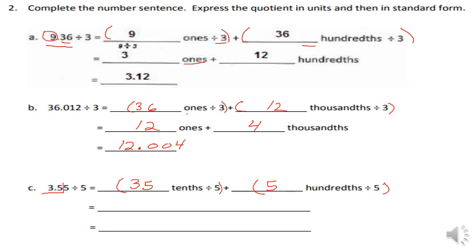Because we know 35 tenths divided by 5 is going to be 7 tenths, plus 5 hundredths divided by 5 is going to be 1 hundredth. So we end up with 7 tenths, 1 hundredth.